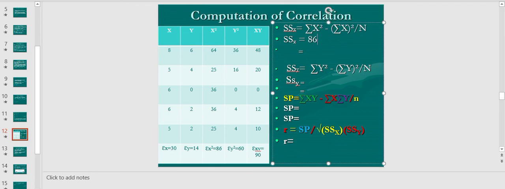186 minus summation x, which is 30 squared, divided by 5.